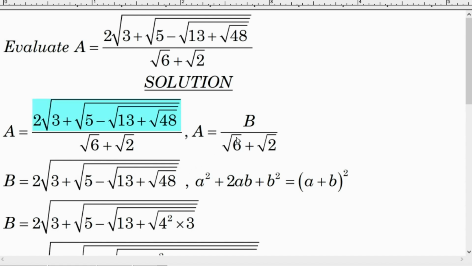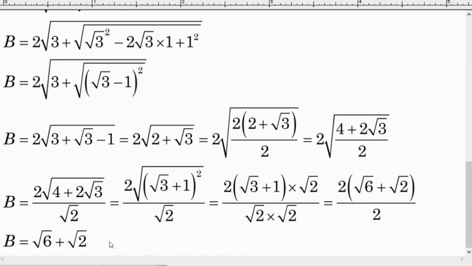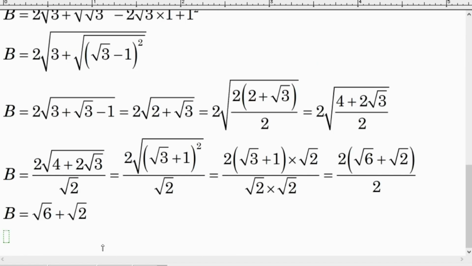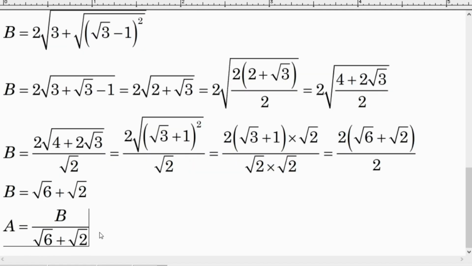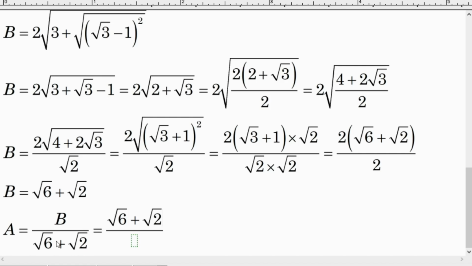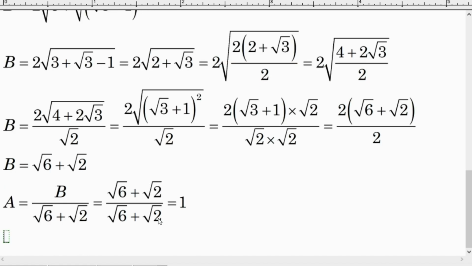Okay, so then we just take the values of b, substitute into here, so then we can get the answer for a. Okay, a equal to b divided by square root of 6 plus square root of 2, but b equal to this. Okay, then the answer for a must equal to 1. Alright, therefore a equal to 1 is the final answer.